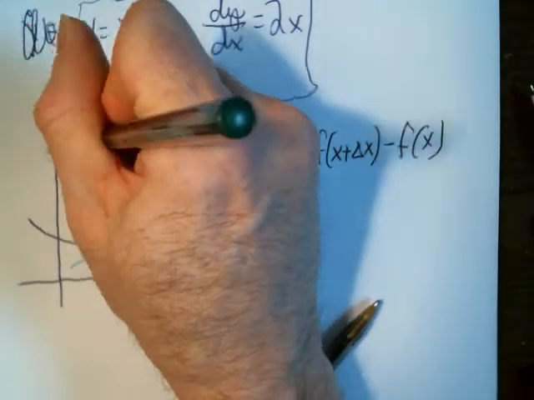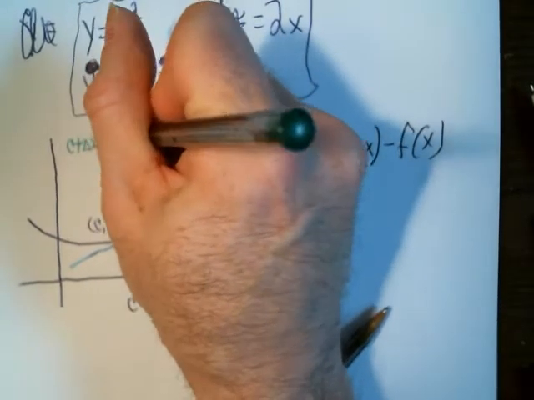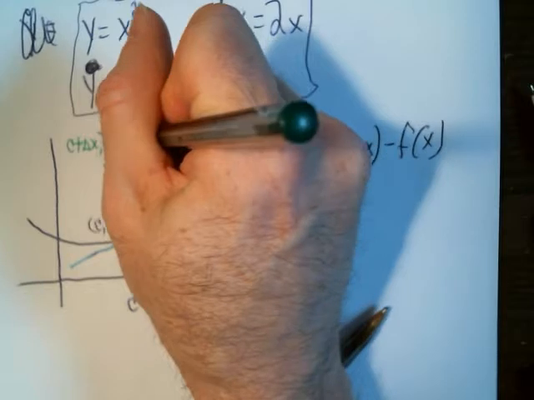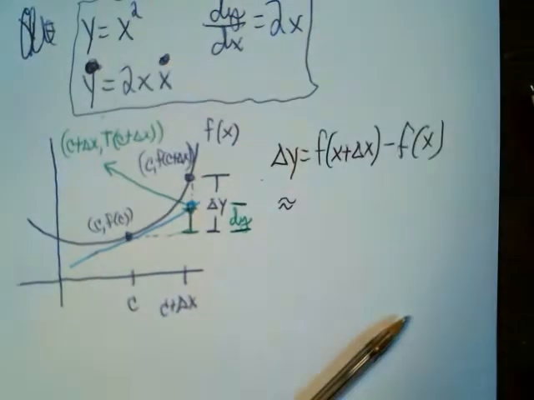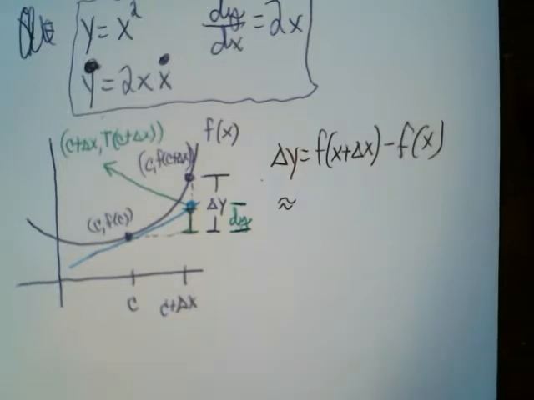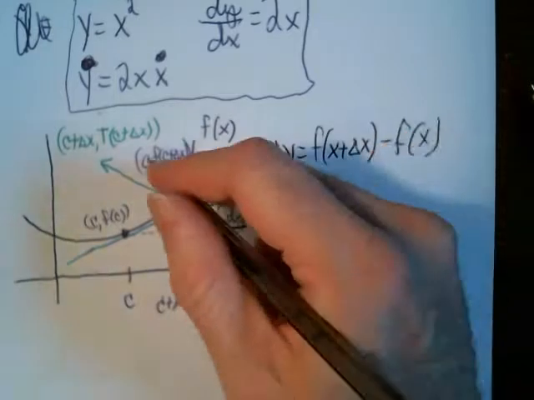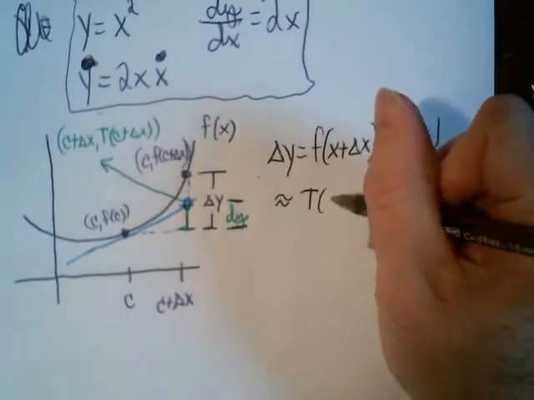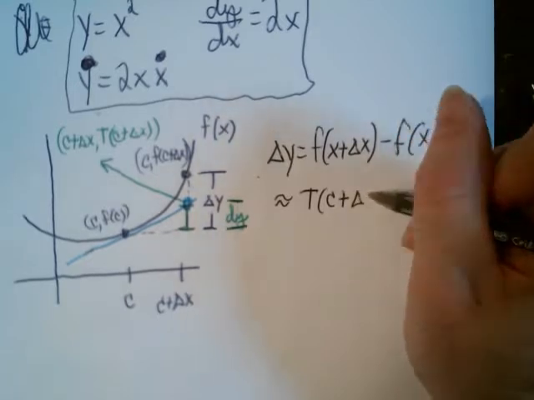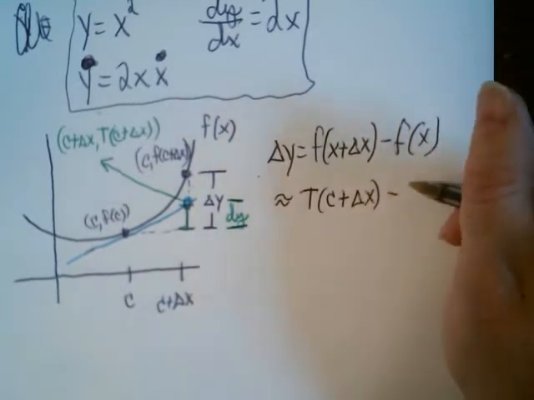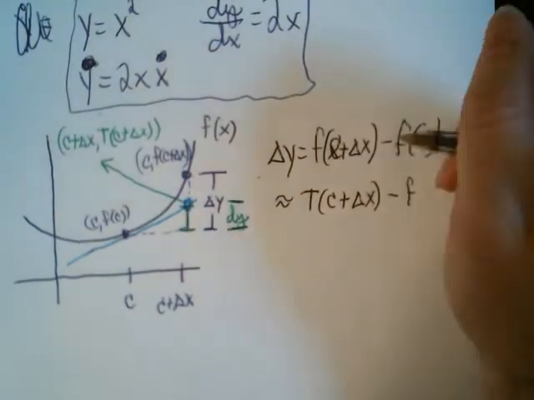Well, it's c plus change in x, comma, the tangent line at c plus change in x. So we can approximate this change in y by looking at the difference between the tangent line value at that point and the original, f of c. Sorry, these should be c values here.